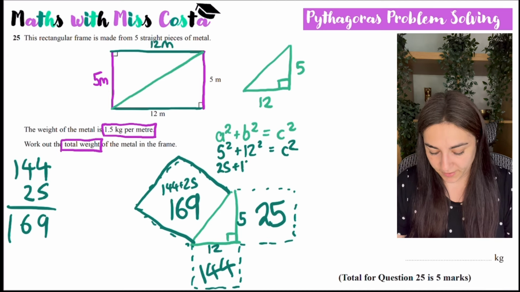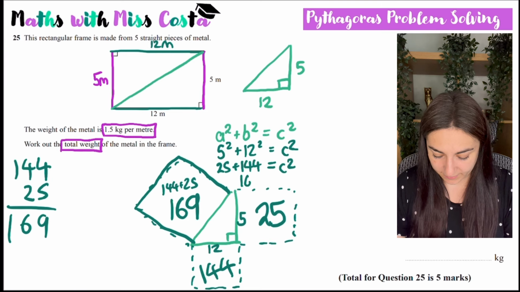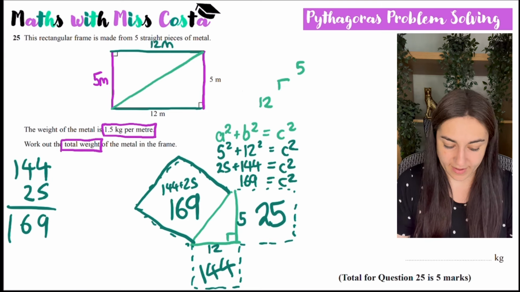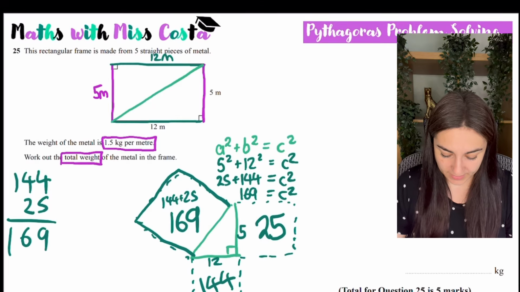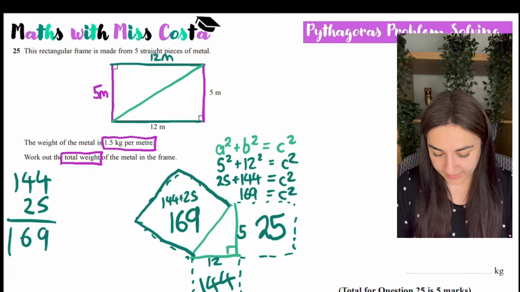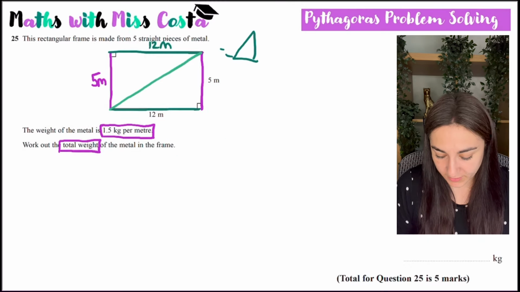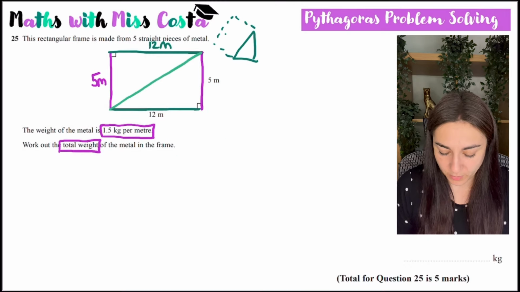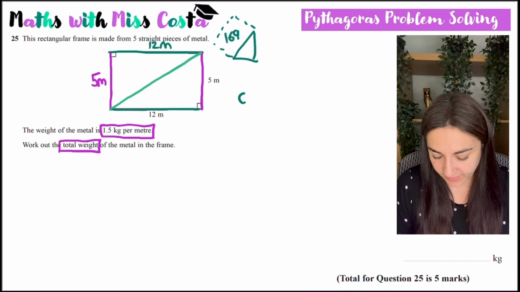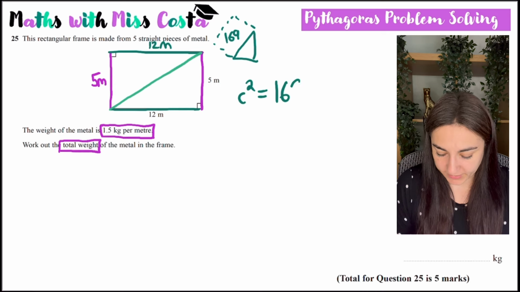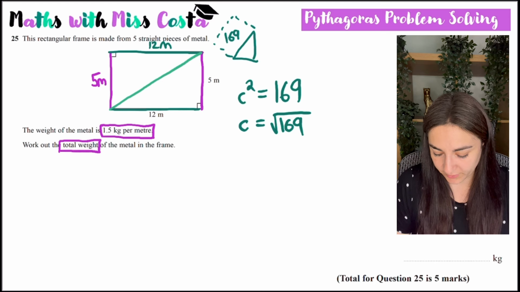So 25 plus 144 equals c squared, and therefore 169 equals c squared. So we know that the area of the large square, the one formed by the hypotenuse, is 169. So c squared equals 169, and therefore c is going to be the square root of 169.